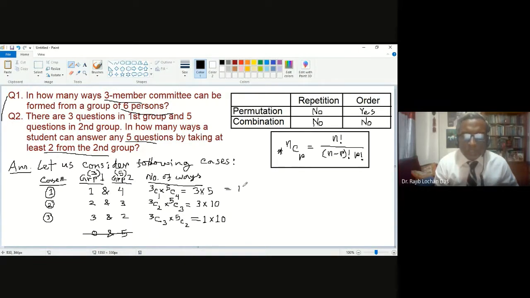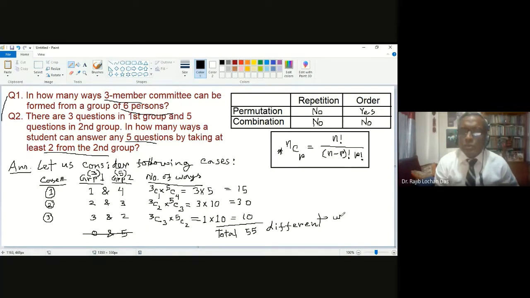It is 15 and then 30 and then 10. So your answer will be all together addition. Addition means 55. So 55 total, 55 ways. Total 55 different ways one student can answer.